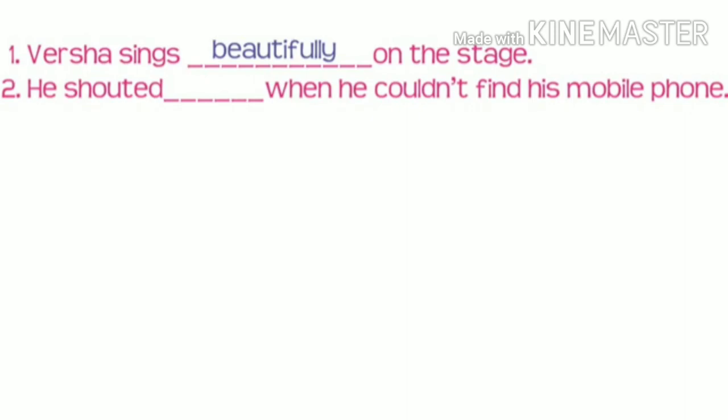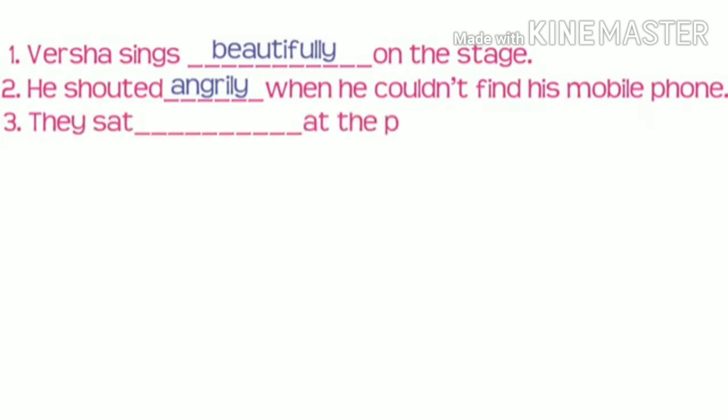Yes, angrily. He shouted angrily when he couldn't find his mobile phone. Next, they sat dash at the prayer meeting. Now, what should we write here? Yes, silently. They sat silently at the prayer meeting.